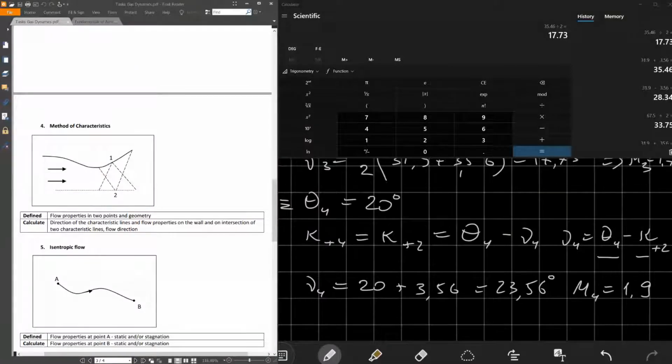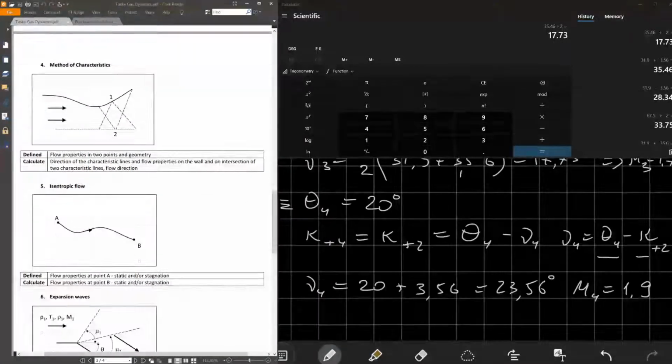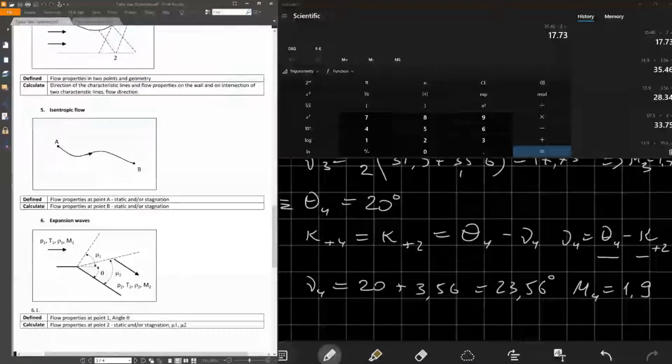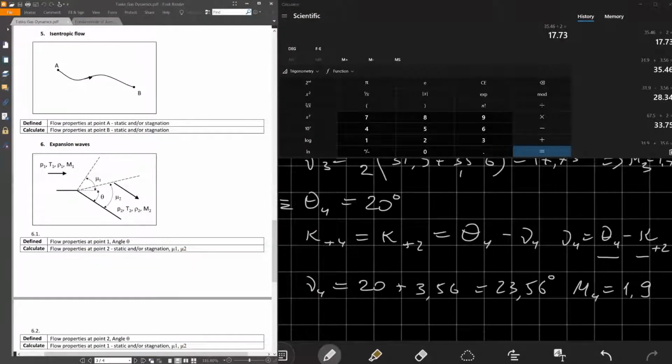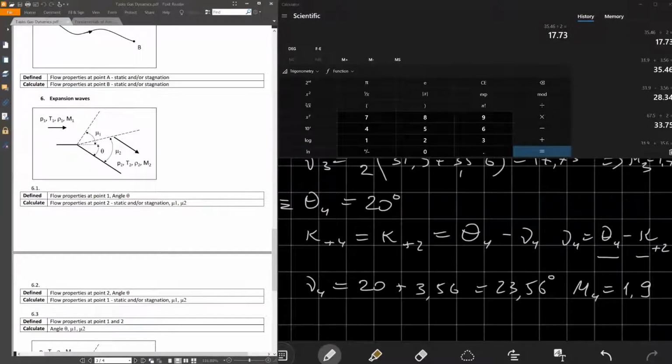So that's it for section 4. I think section 5 and section 6 we could see next time. It will be related questions such as isentropic flow, a calculation from one point to another using some forms of energy equation, and also the expansion waves using the Prandtl-Meyer theory.